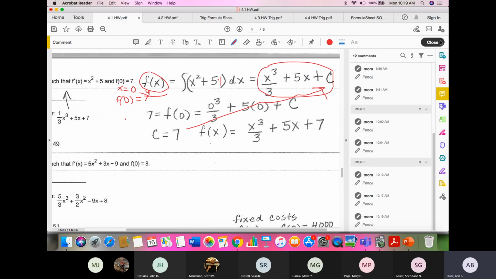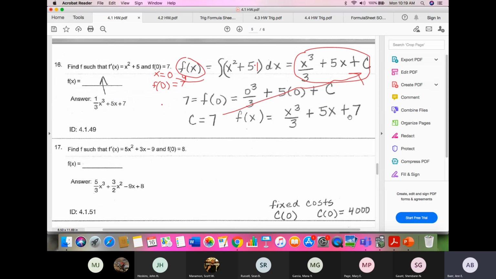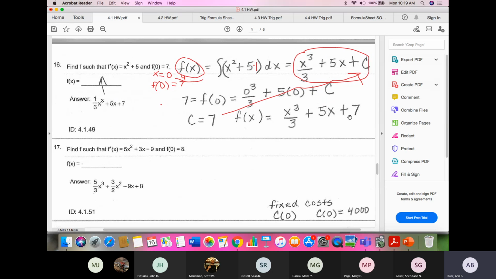And it's really important because this is how businesses make use of anti-differentiation. So we get x cubed over 3 plus 5x plus 7, with 7 going in for C here. Now, you're not always going to have a super nice condition here. Sometimes you will and sometimes you won't.